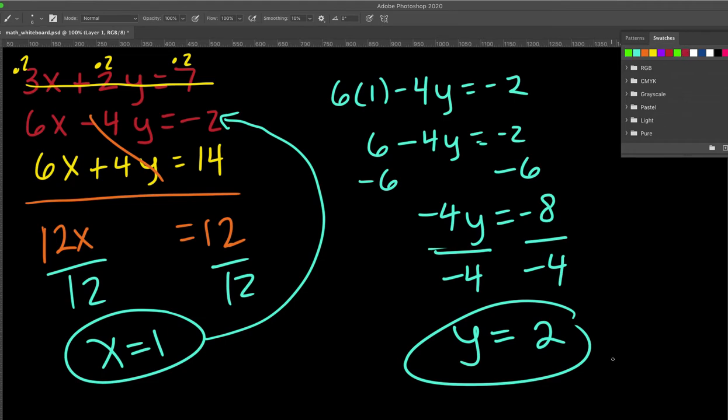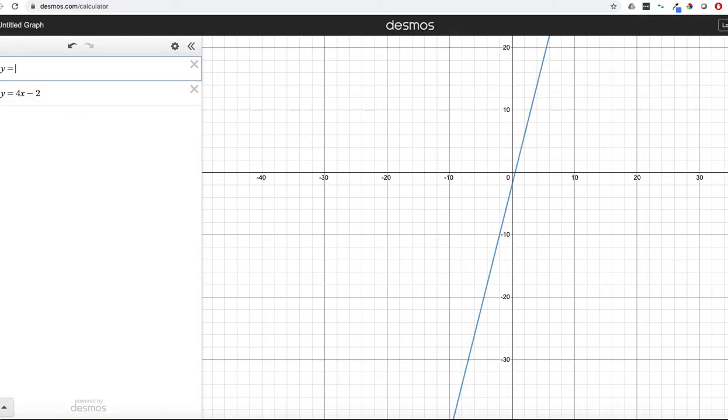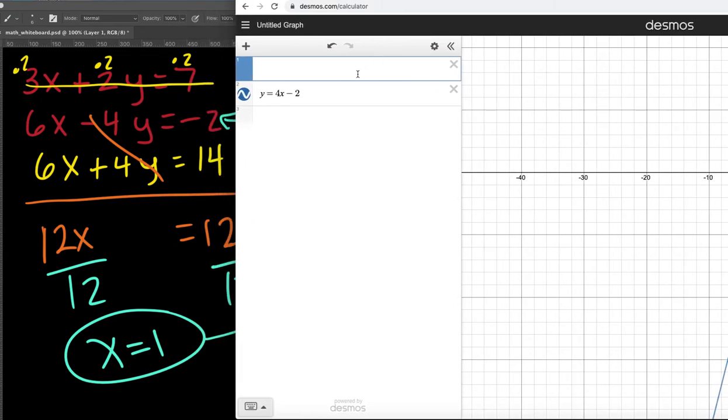Alright, just like on substitution, we're going to write our final answer as an ordered pair. Once again, that tells us where we cross. So if I were to type these into Desmos, I'm going to type in the originals. And the nice thing about Desmos is you don't have to solve for y.